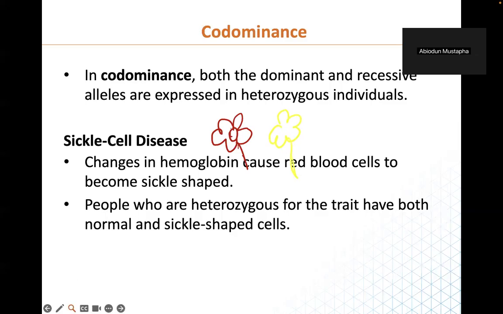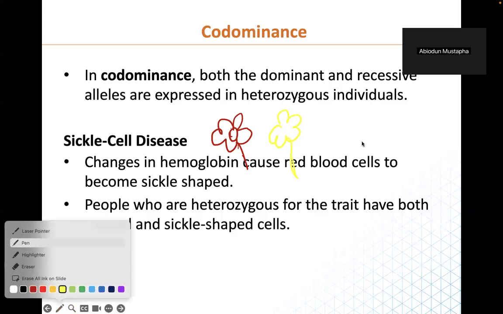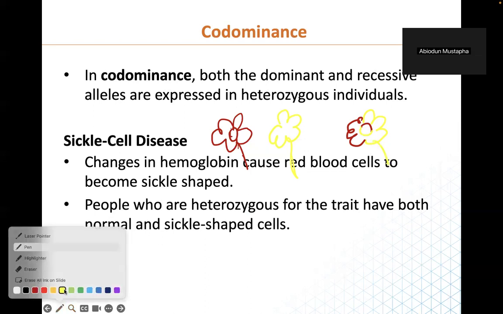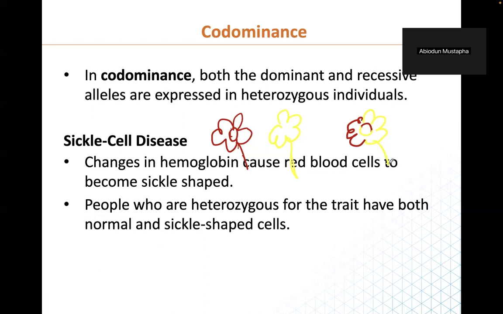What you would have is an offspring with some yellow and some red. You would have a flower which combines the traits from both parents. So this is an example of codominance.